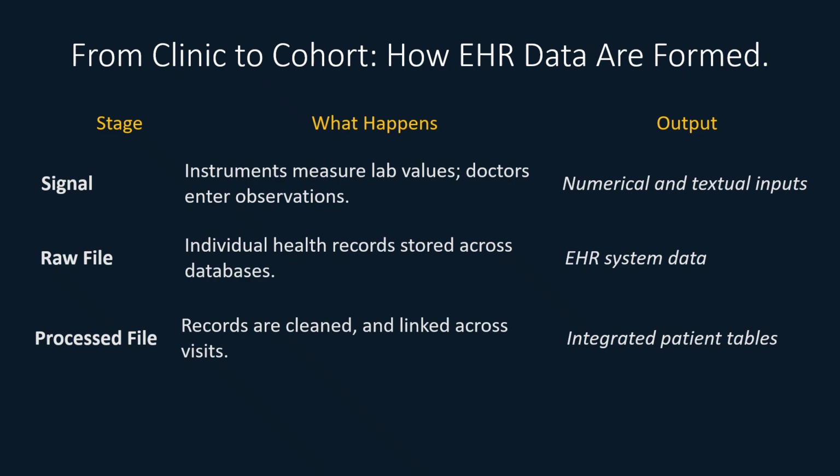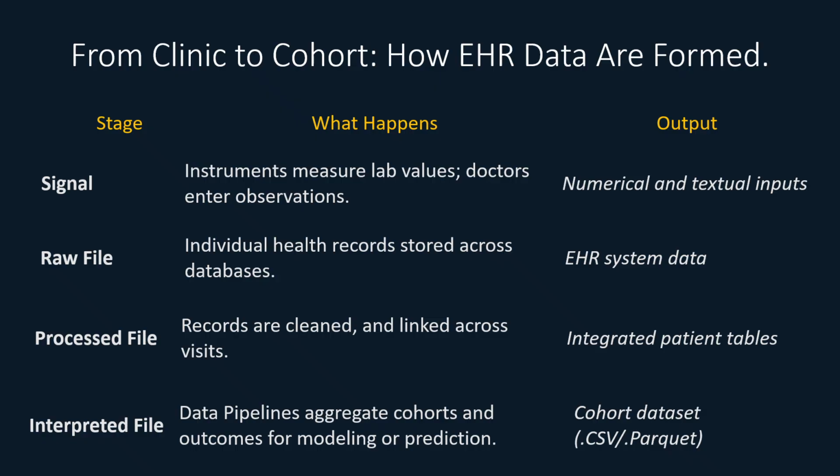So from processed to cohort. To build a modeling dataset, you define inclusion and exclusion criteria and extract a cohort. This step introduces a substantial selection bias.